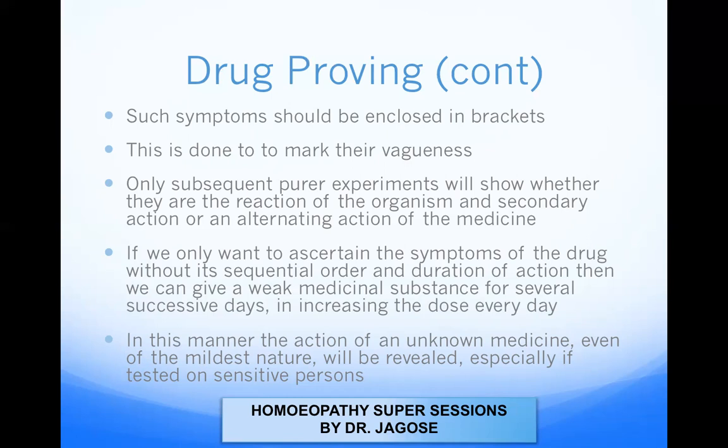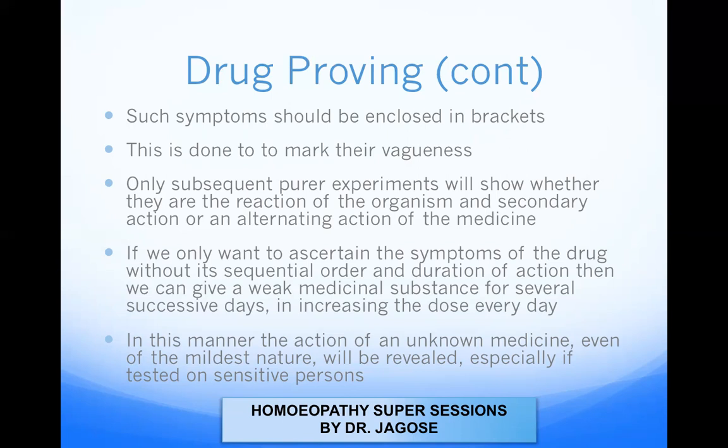It is only by repeatedly doing the drug proving on different sets of provers over and over again that we will be able to come to know whether it is a secondary action or an alternating action of the medicine. If we only want to ascertain the symptoms of the drug without its sequential order and duration of action, then we can give a weak medicinal substance for several successive days, increasing the dose every day.